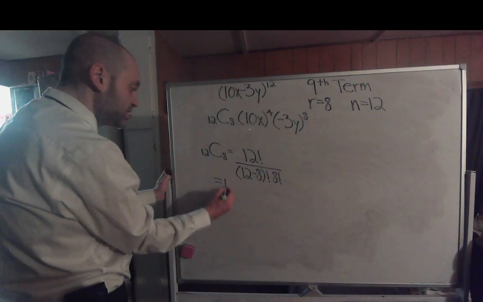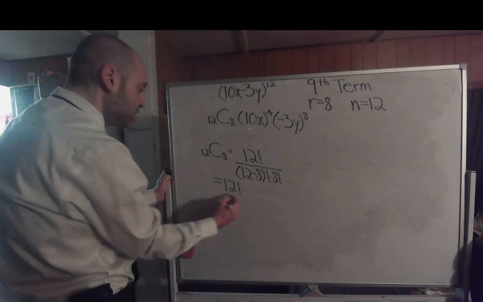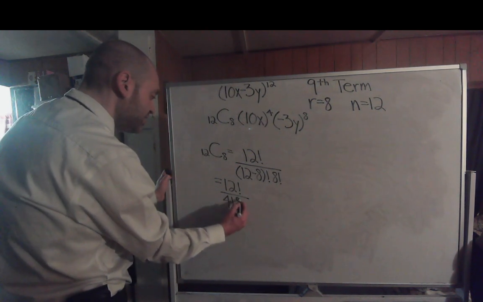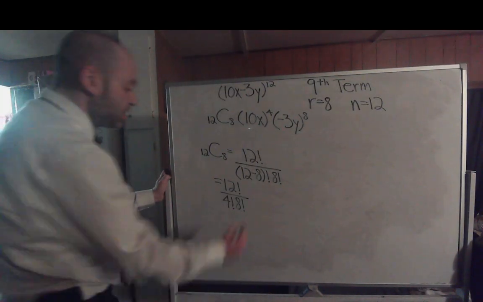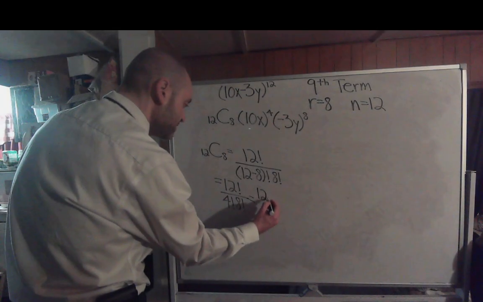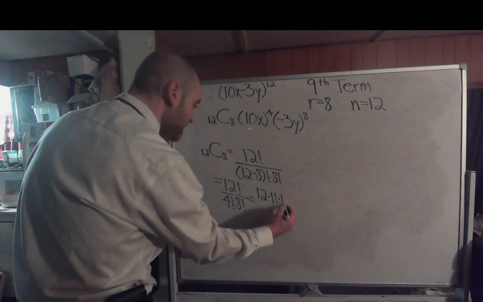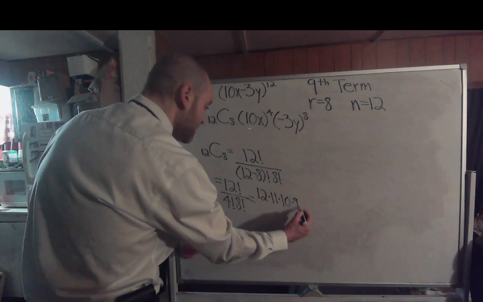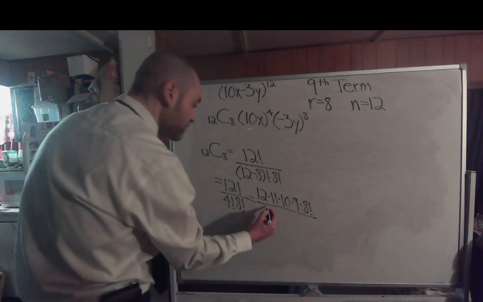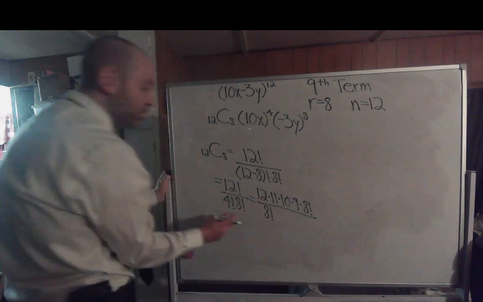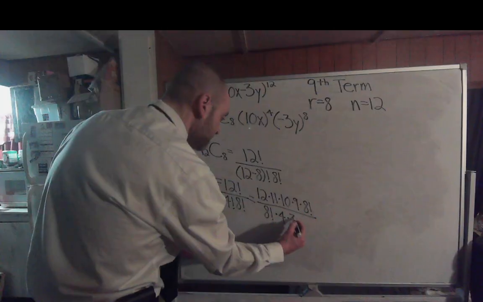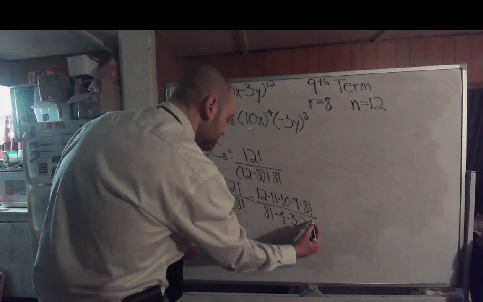So this will turn into 12 factorial all over 4 factorial times 8 factorial. Okay, well, 12 factorial will break down into 12 times 11 times 10 times 9 times 8 factorial all over that 8 factorial times breaking down 4 factorial. So that'll be times 4 times 3 times 2 times 1.